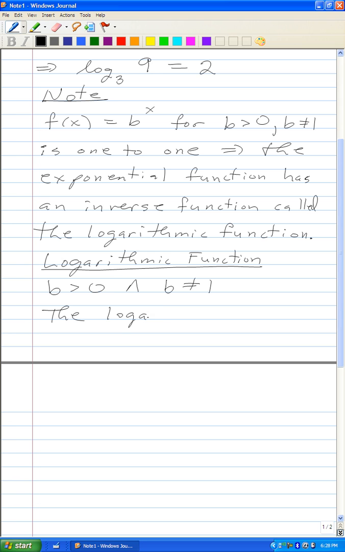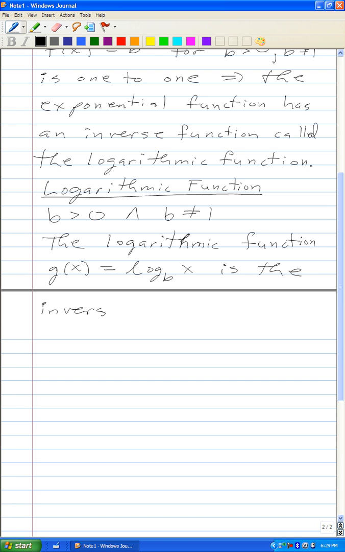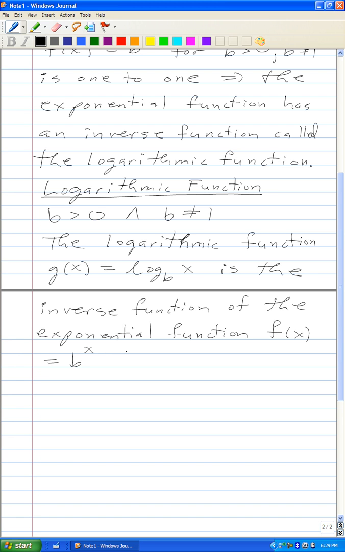The logarithmic function g of x, and I'll denote it by log base b of x, is the inverse function of the exponential function y equals f of x equals b to the x. So it's the exponential function with base b.